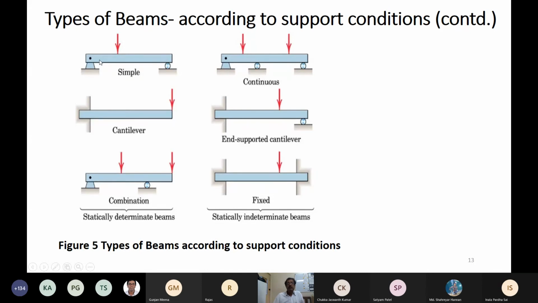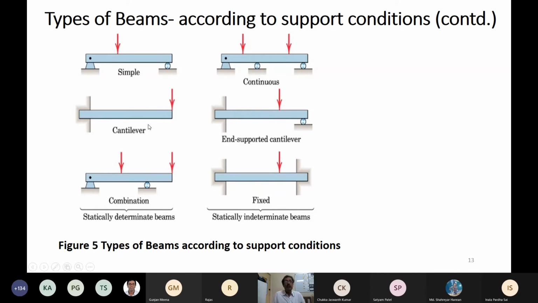So it means suppose simply supported beam means it has a pin support at one end and a roller support at another end. So now a continuous beam will be having an additional support, which definitely is better for sharing the load, but your equilibrium equation will not be sufficient to solve this problem. You need the information of deformation here to solve it.